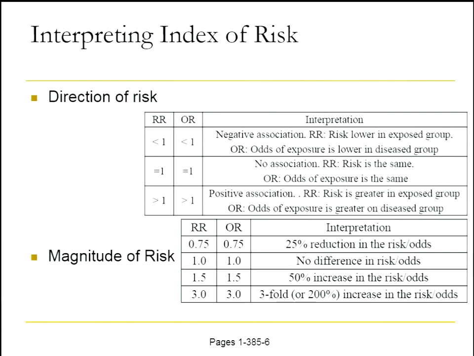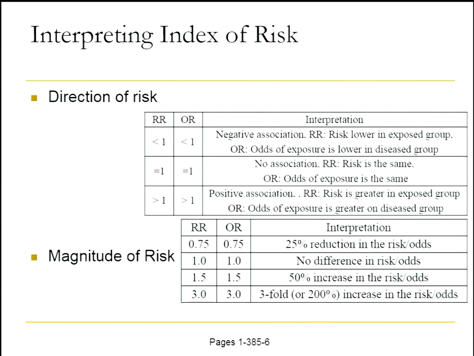And then we assess the magnitude of that risk by actually looking at the relative risk or the odds ratio. In the case of this relative risk of 0.75, we would conclude that there's a 25% reduction in the risk associated with whatever we're investigating.